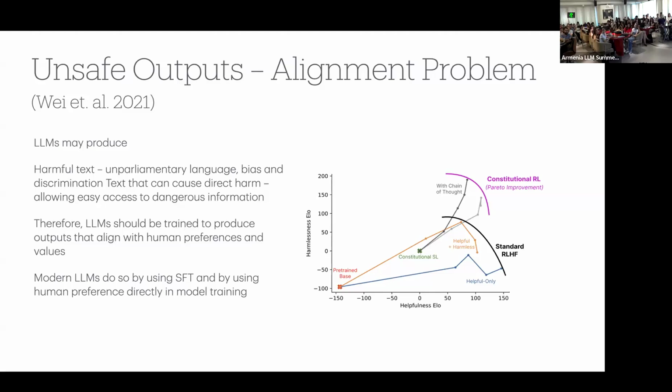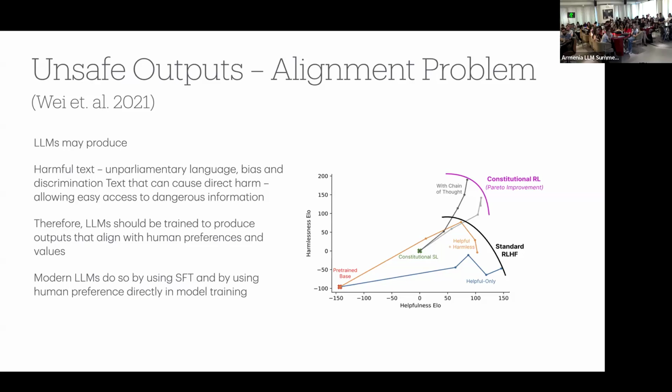So when people were starting to think about productionizing these models, we needed to figure out how to solve alignment. We want to produce language models that align with human preferences and values. And modern LLMs more or less do so by SFT and direct human preference optimization.